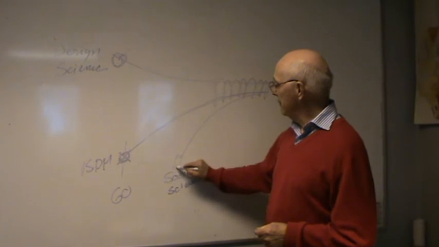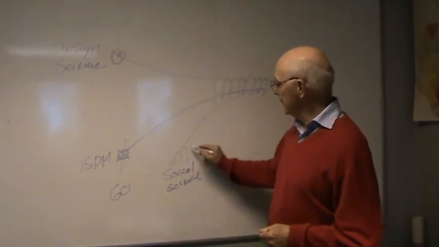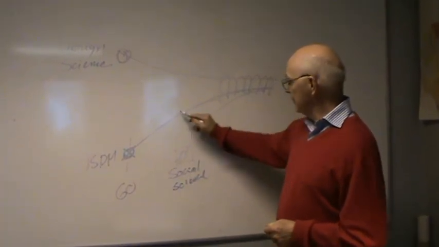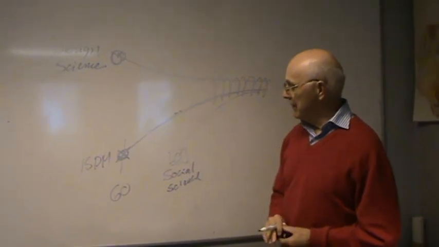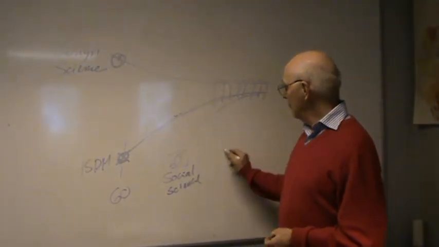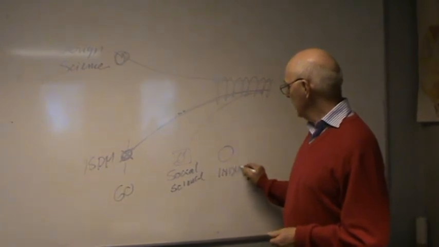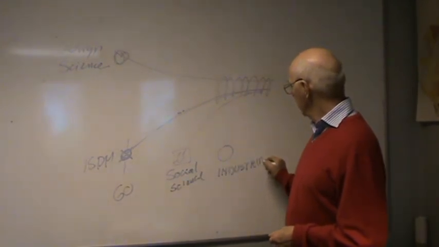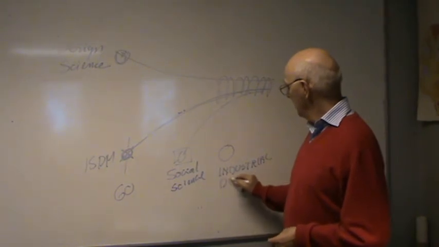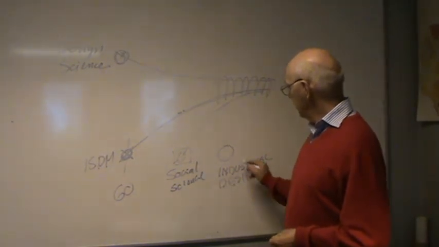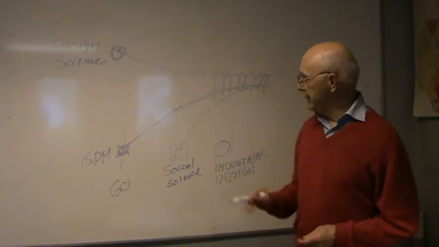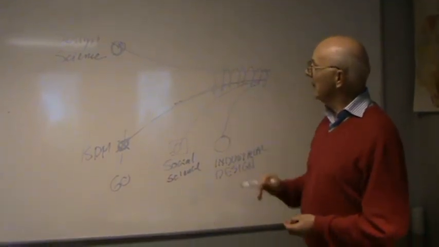A lot of others are coming from social science research, but also influencing the information system design. You have also an influence from what we can call industrial design. But it's more practical activity, also influencing here.